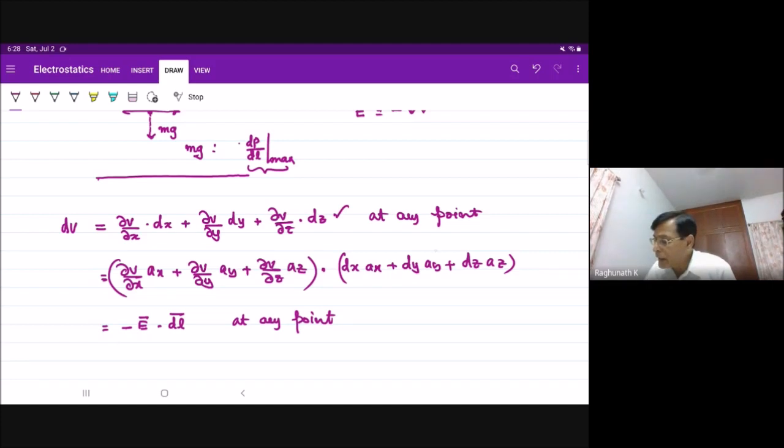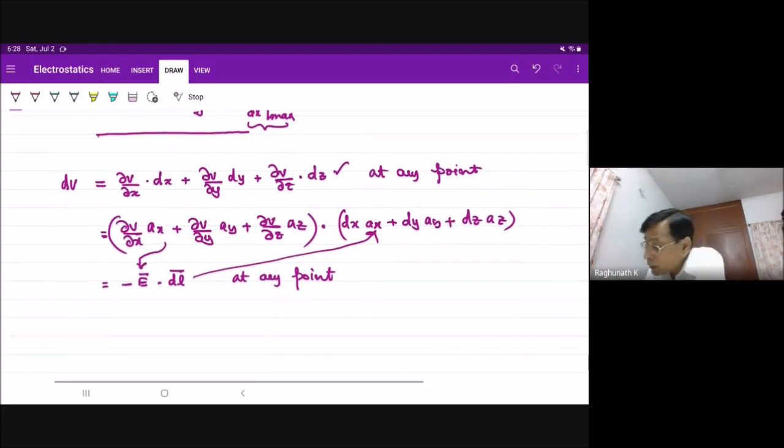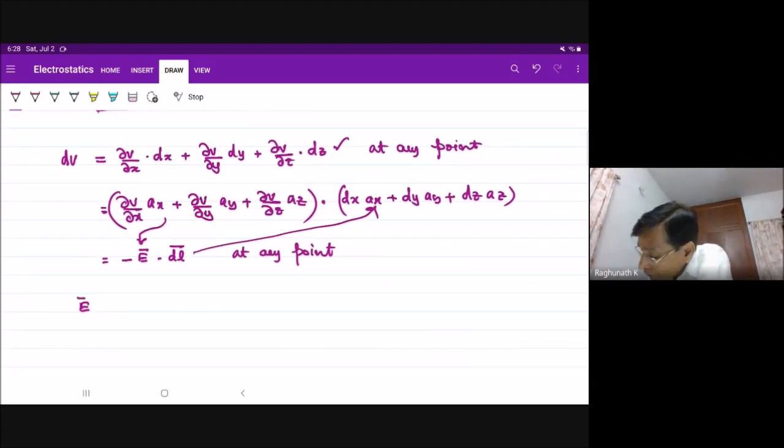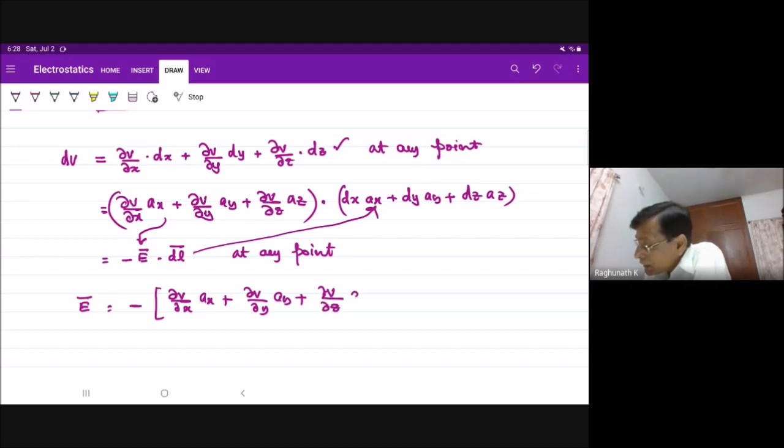The total differential dot product, because E bar dot dl bar is this. This expression should be equal to minus E bar dot dl bar. So E bar is equal to what? Minus of dou V by dou x ax plus dou V by dou y ay plus dou V by dou z az, called minus del bar V.